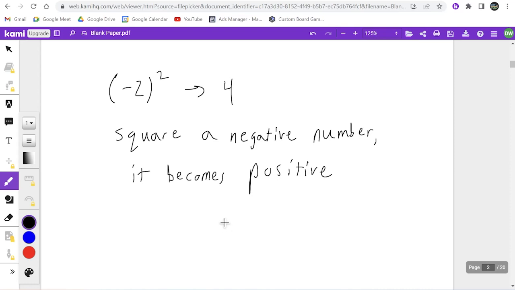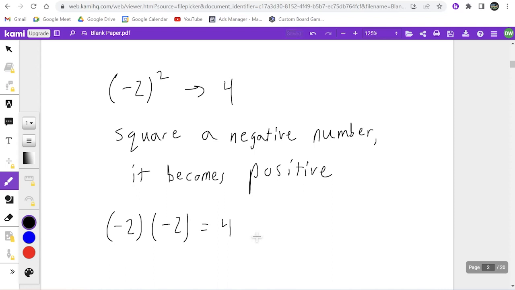And maybe you knew that before, maybe you didn't. But the reason why this is true is because let's say I have negative 2 times negative 2. The negatives cancel and you get positive 4 because 2 negatives make a positive. So that's one thing we need to know.